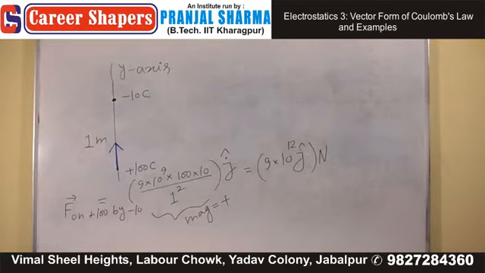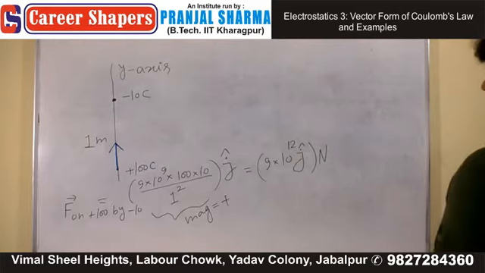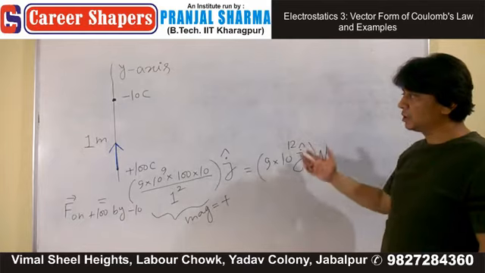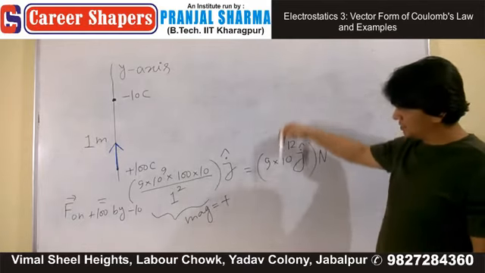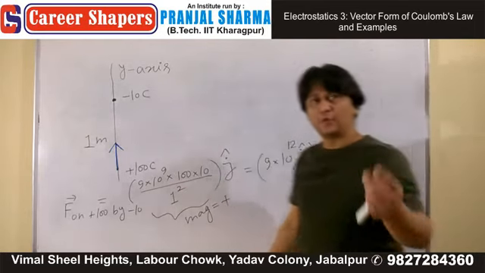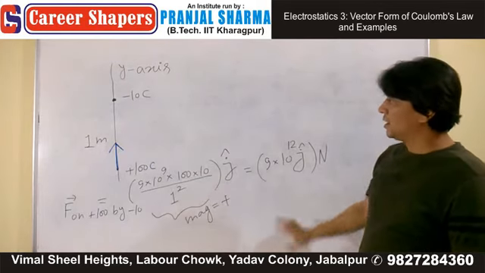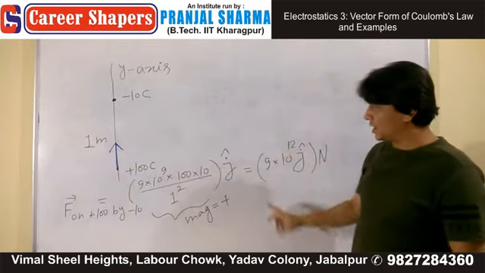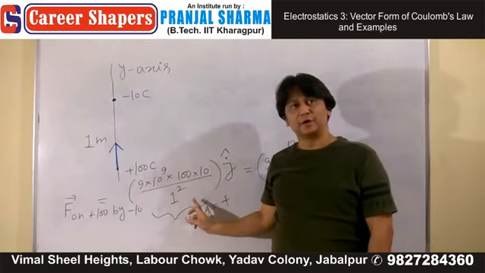I hope those who gave the wrong answer understand what went wrong with the answer. Some of you are answering minus j cap, but look, had it been minus j cap, then the force should point downwards. Therefore, use simple logic. Forget about the negative part as long as you are writing magnitude.